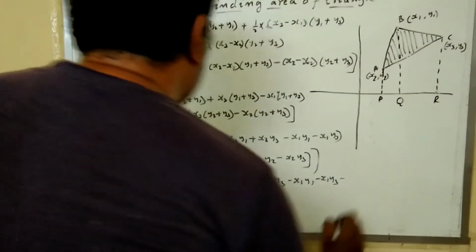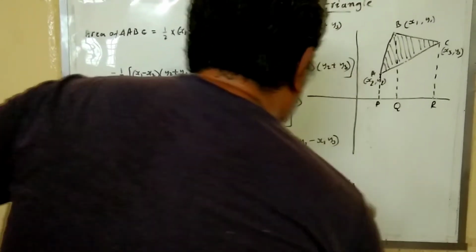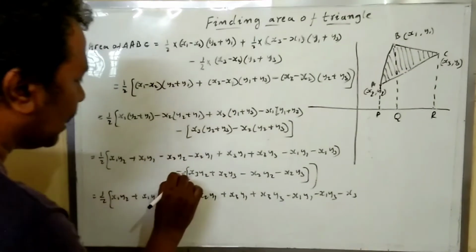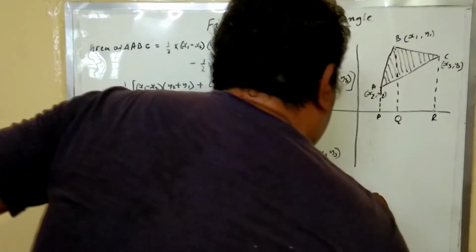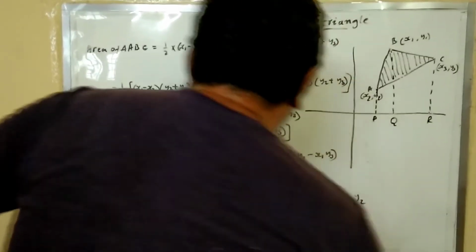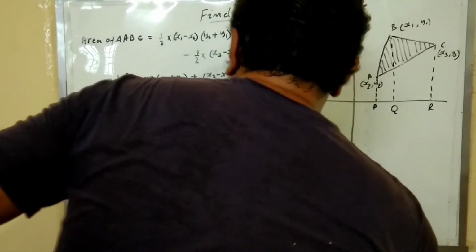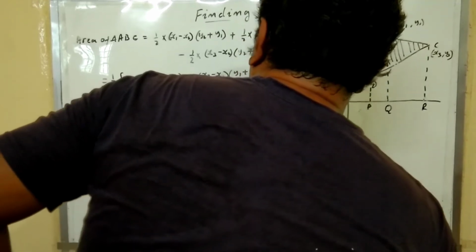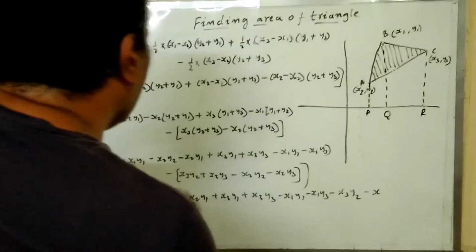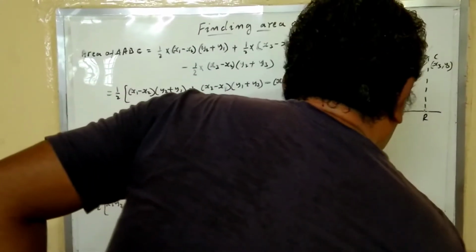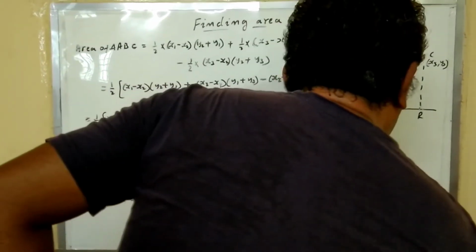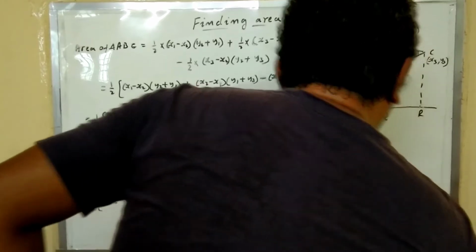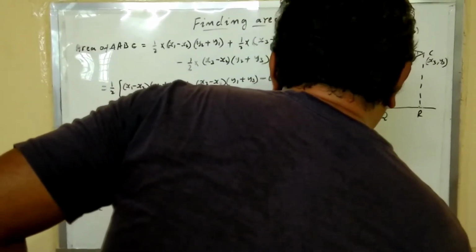If you remove this bracket, all the terms inside the bracket will change sign: minus x3y2, minus x3y3, plus x2y2, plus x2y3.